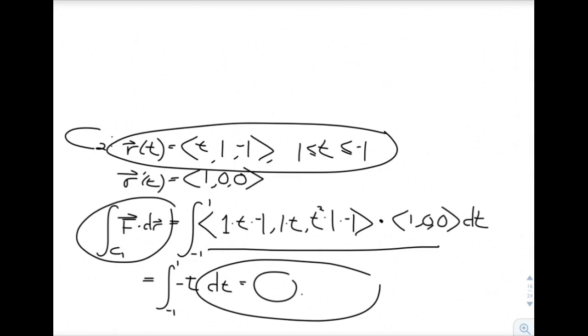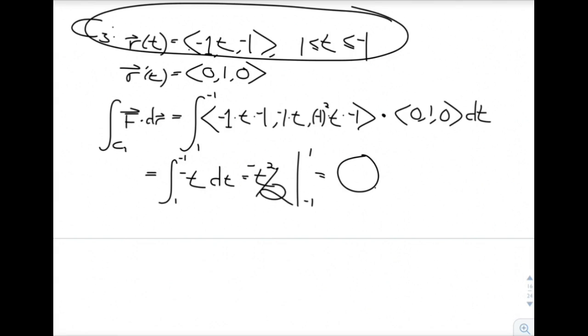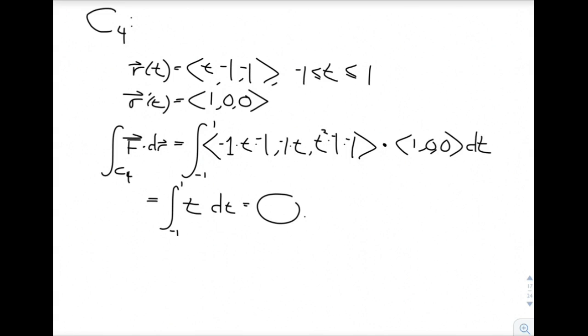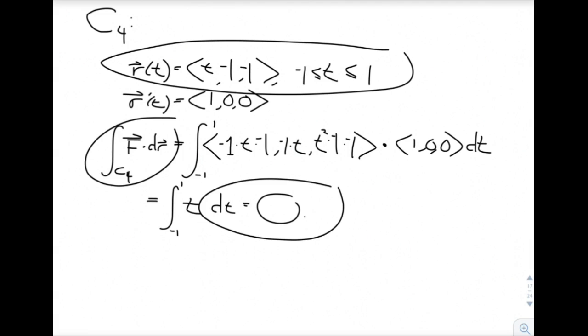Next up will be C3. Here again we parameterize C3. Line integral over C3. Again we find 0. And next up C4. Parameterization of the fourth line segment C4. Line integral along C4. Again we obtain 0.